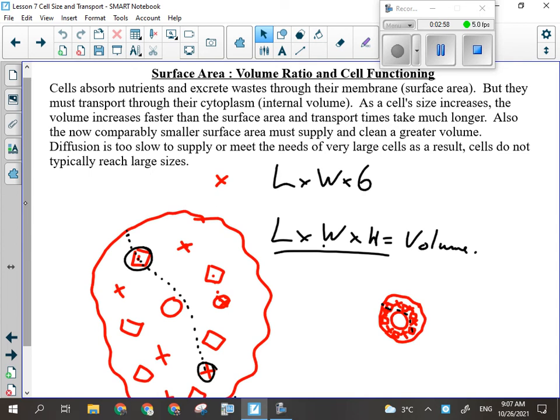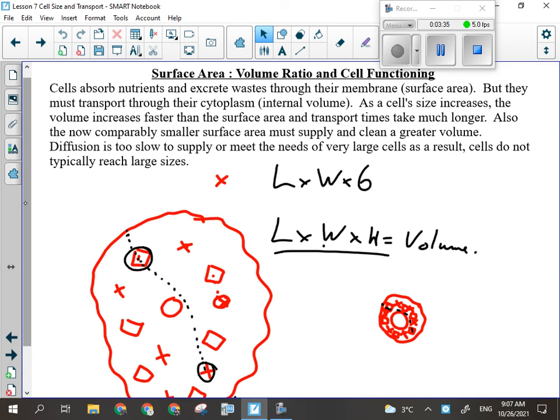So if I'm calculating the surface area of a cube, only these two numbers increase as the cube gets bigger. But as the cube gets bigger for volume, all three of these numbers increase, so volume increases faster than surface area. Okay? This is bad for a cell. A cell wants to have a large surface area and a comparatively small volume, because it's got to get materials from the cell membrane to places in the cell, and waste products from, like the Golgi, back to the cell membrane.